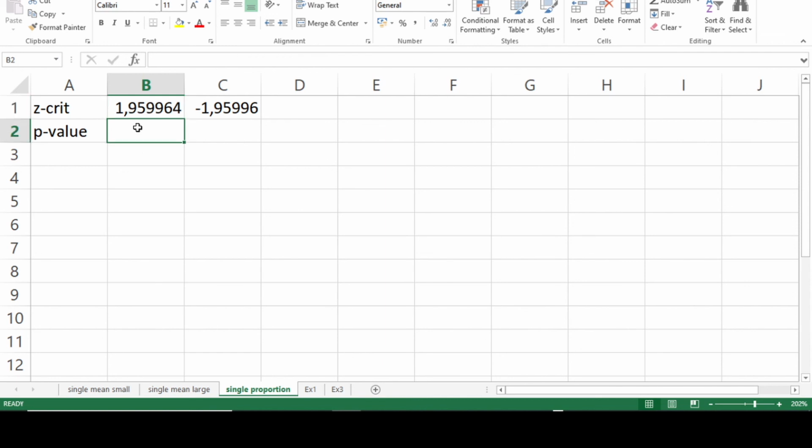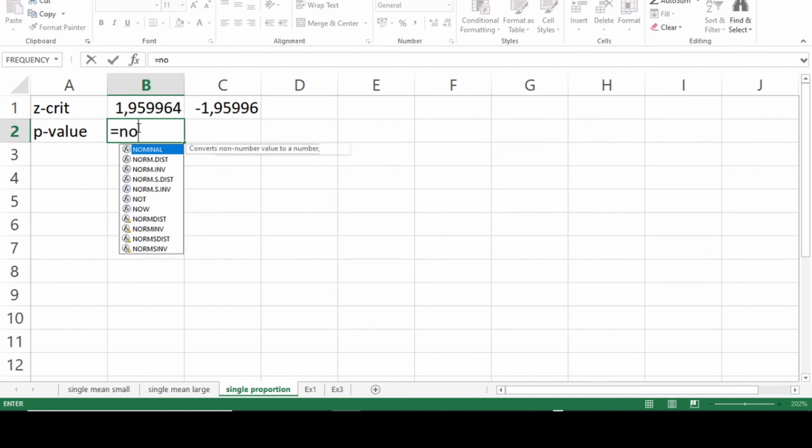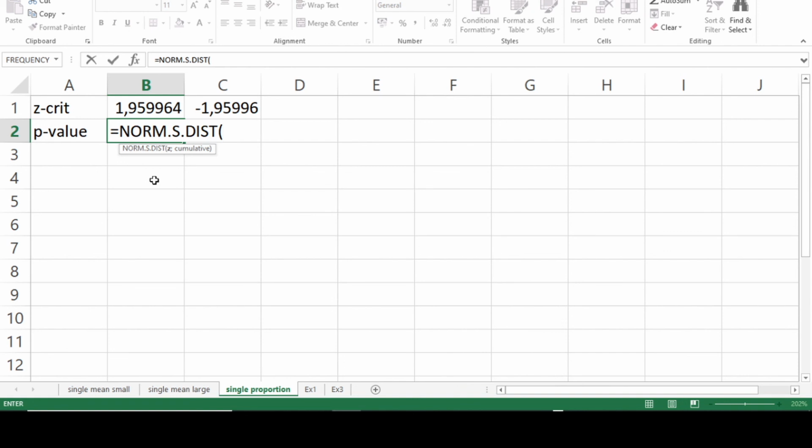And then to find your p-value, we make use of this function here. Our z value, our first argument there, is the calculated test statistic value, which is minus 1.561. And we want it to be cumulative because we want to find the area to its left, like I've illustrated on the slide.